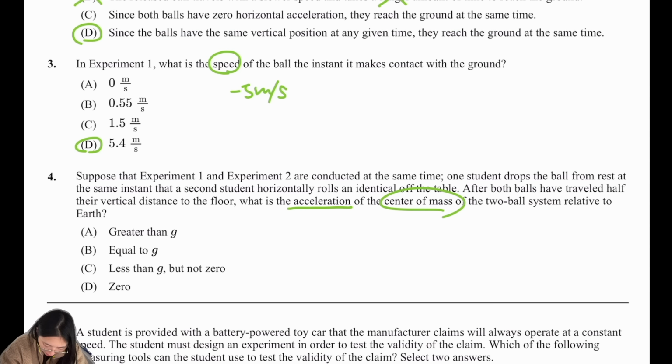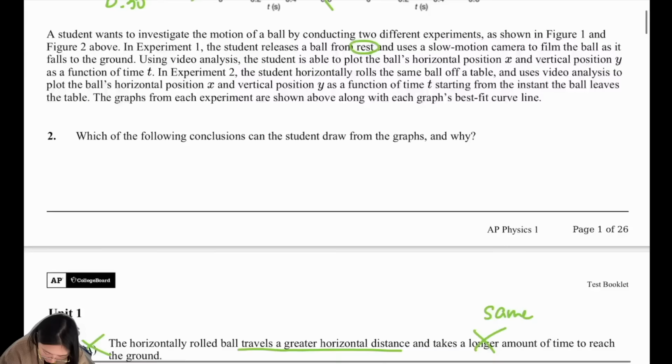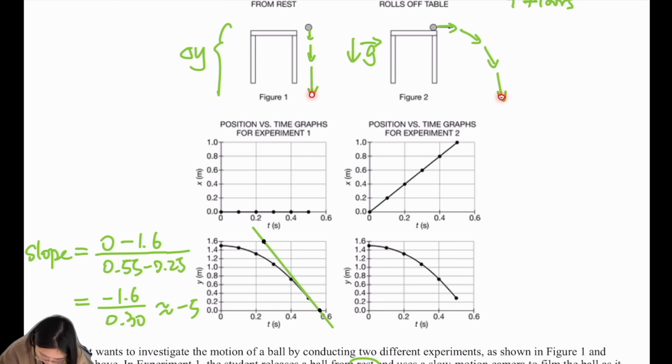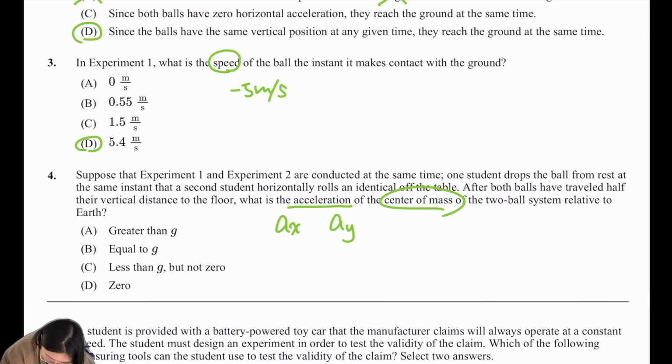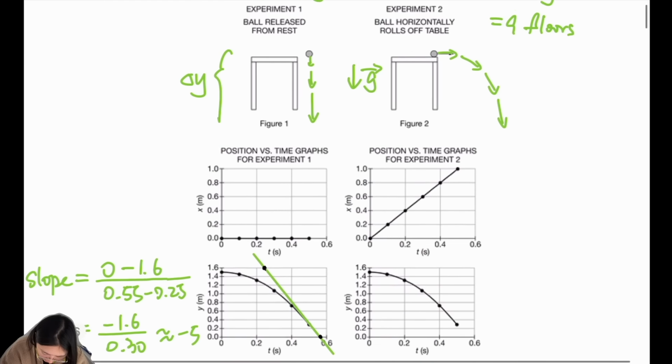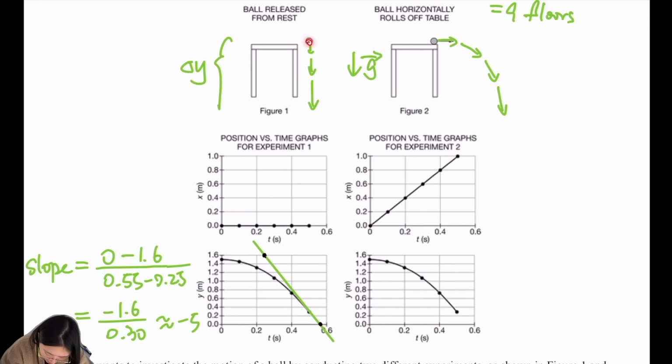So we can calculate the horizontal acceleration and the vertical acceleration and then add them together. For the vertical acceleration, since both of them are moving down with the same velocity and the same acceleration, for both of them a_y, the vertical acceleration, is g, just gravitational acceleration. On the other hand, for the horizontal acceleration, one is not moving horizontally, the other is moving at a constant velocity horizontally.